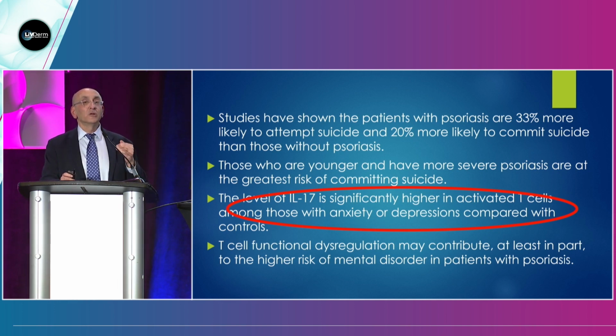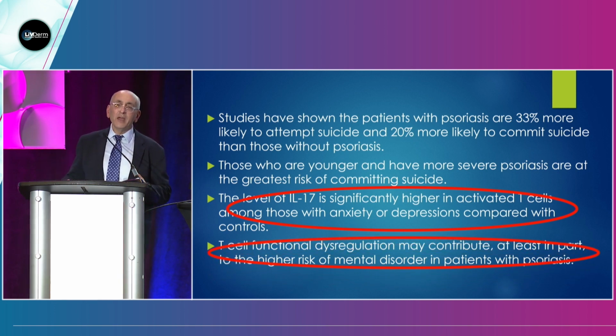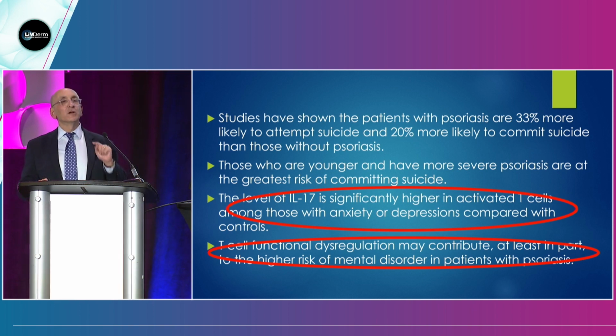So you looked at the neurological system, actually there is IL-17 and Th17 cells found more in the neurologic system of those patients. And the bottom line is those patients are more prone to have depression or commit suicide than the regular population. Now, in the old days, we used to say, well, because their skin looks bad, they are depressed because of their disease.